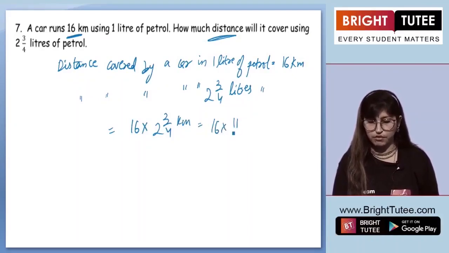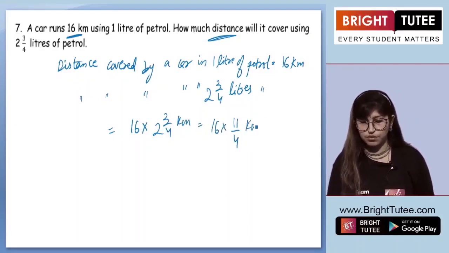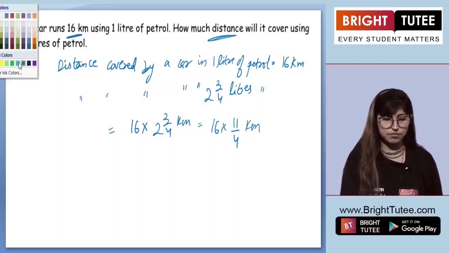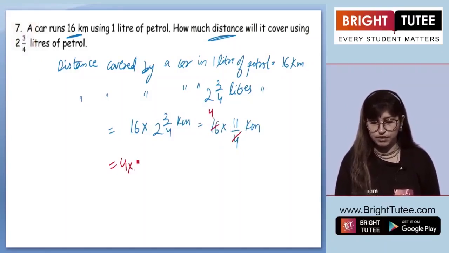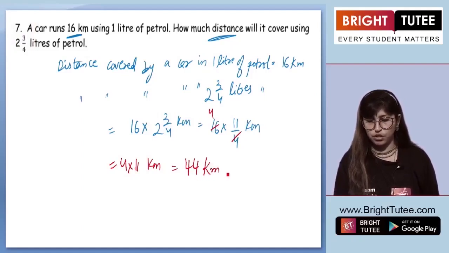We will be getting 11/4. We will be cancelling 4 and 16. So we will be getting 4 times 11 km, which is 44 kilometers.